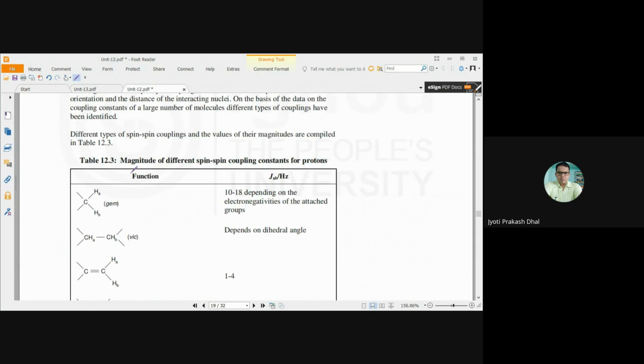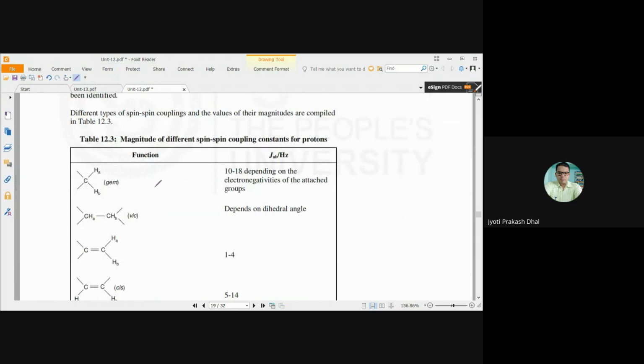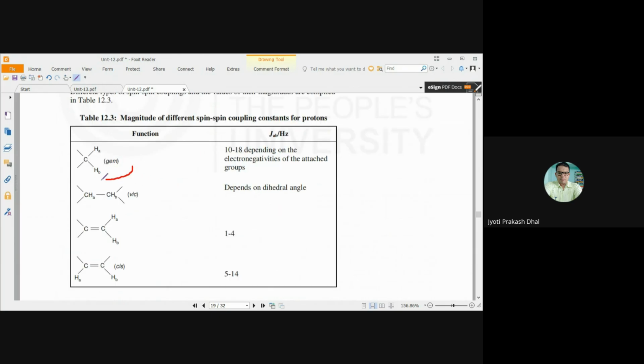So here, the first one is the magnitude of different types of spin-spin coupling constants for protons. If geminal protons are there, geminal protons means the two protons attached to a single carbon atom, the value of the coupling constant in hertz is 10 to 18, depending upon the electronegativity of the attached group.